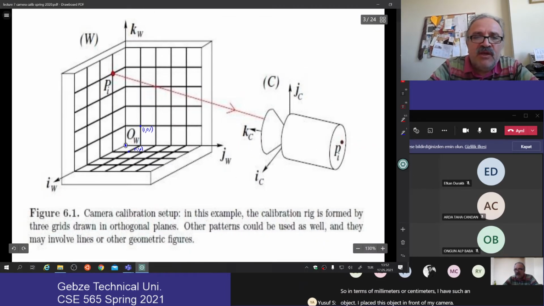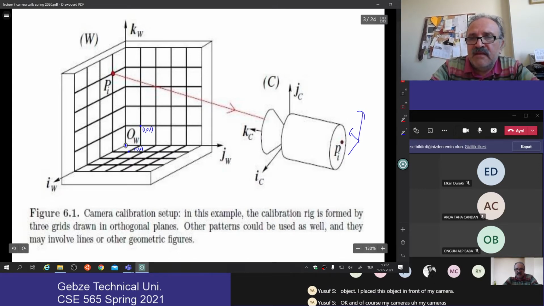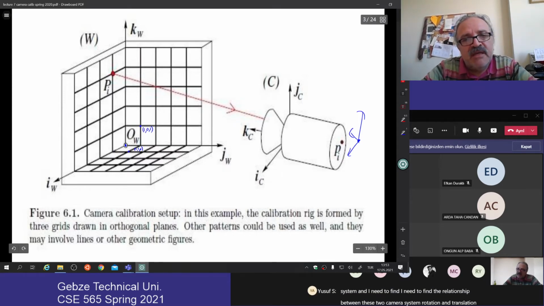Of course my camera's coordinate system is different. This is my camera coordinate system, and I need to find the relationship between these two coordinate systems, rotation and translation, also the intrinsic parameters.